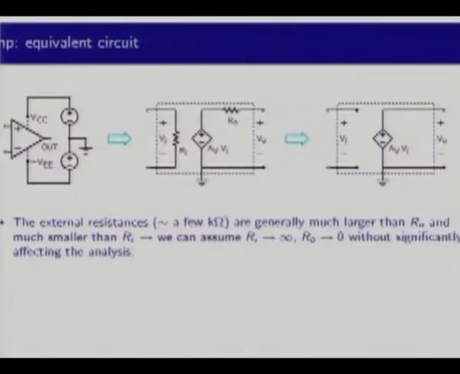The external resistances, which are of the order of a few kilo ohms, are generally much larger than Ro and much smaller than Ri, and therefore we can assume that Ri is infinity and Ro is 0 without significantly affecting the analysis, and that's indeed what we always do, and that is what makes the op amp such a nice building block, because you don't need to actually worry about these values of Ri and Ro.